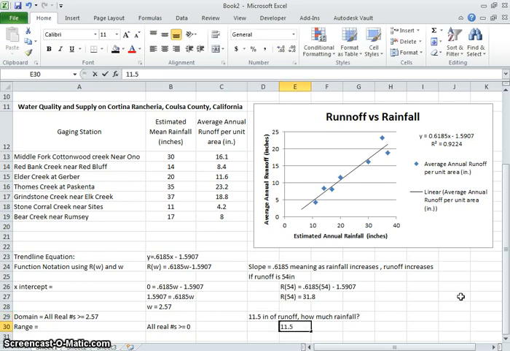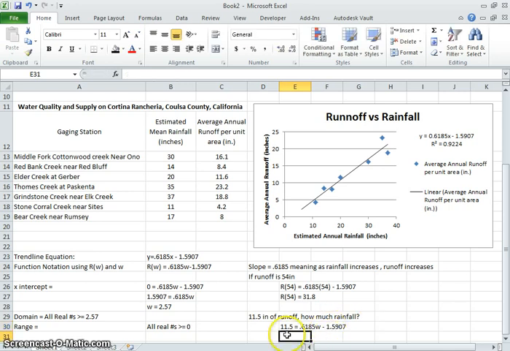We'd take 11.5 and set that equal to my 0.6185 times some amount W minus my 1.5907.